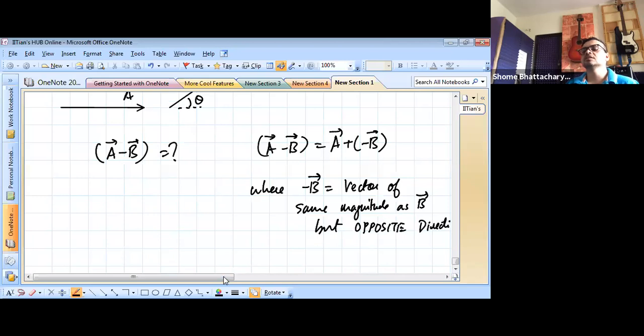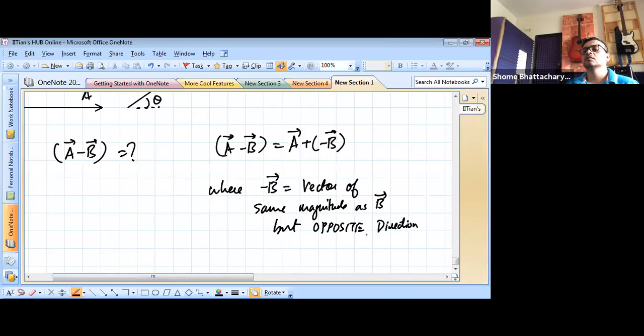Just think of it like this, that the vector minus B is like you're multiplying minus 1 with the vector B. So because you are multiplying a minus quantity, the direction becomes opposite. But the quantity you're multiplying by ultimately has a mod of 1. So its magnitude remains how much? It remains the same. So mod of minus B is the same as mod of B. But the direction is opposite.